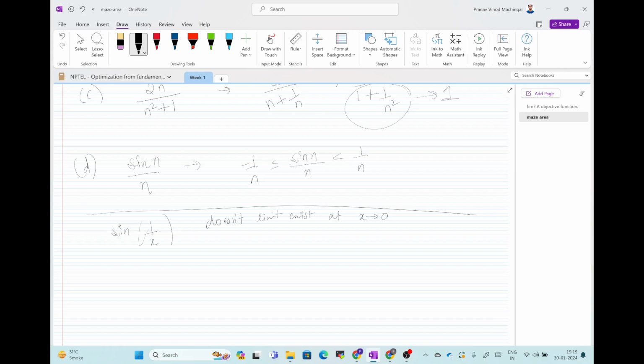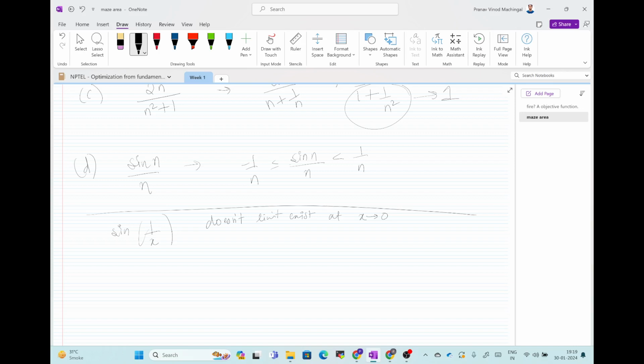How do you show that the limit does not exist? You have to show that there is a diverging sequence in some sense, right?